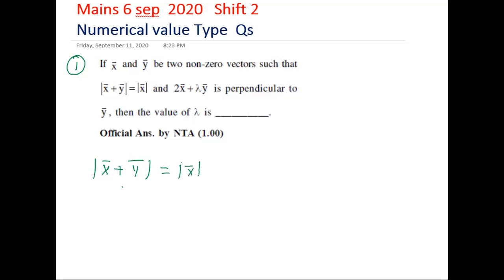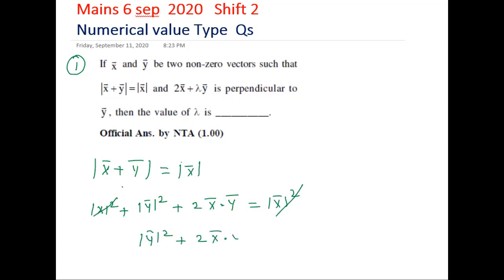Apply squaring on both sides, we get mod x square plus mod y square plus 2 into x bar dot y bar, that is equal to mod x bar square. These two cancel. Now finally we got mod y bar whole square plus 2x bar dot y bar is equal to 0.